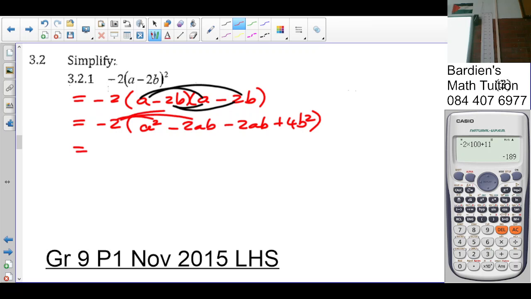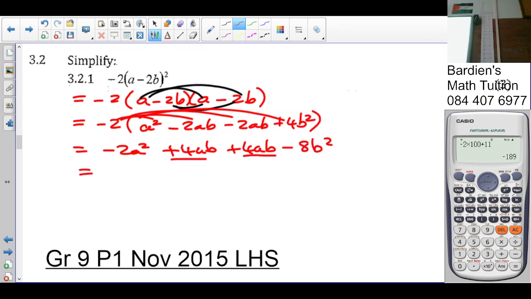But I'm going to go with the negative 2 first. So it's going to be negative 2a squared. What's negative 2 times negative 2ab? Plus 4ab. Negative 2 times positive 4b squared, 8b squared.